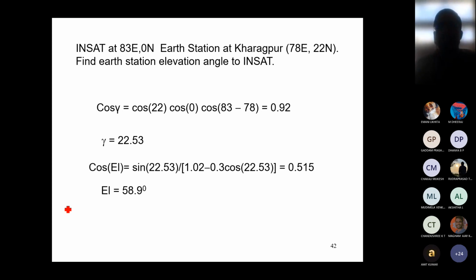For them the elevation angle will be very small, and if there is any obstacle, such as high-rise buildings surrounding an antenna, they will face signal degradation, or the quality of signal will be very poor in those areas.